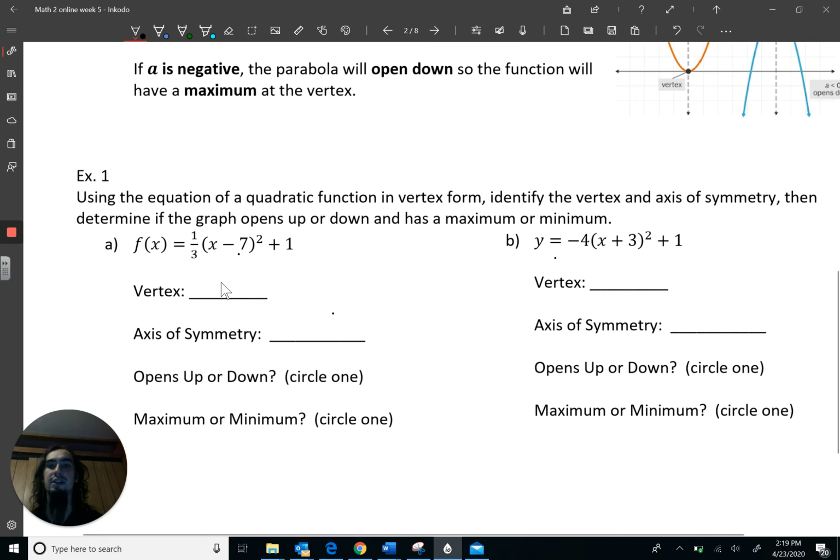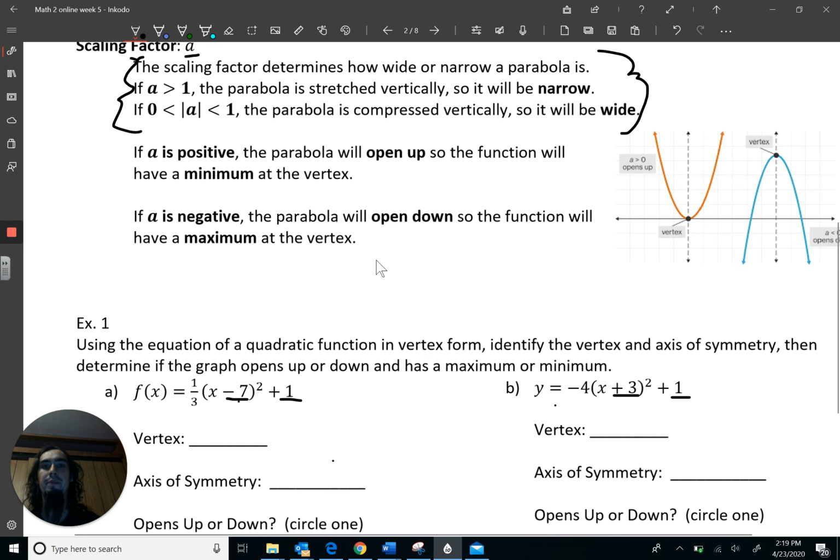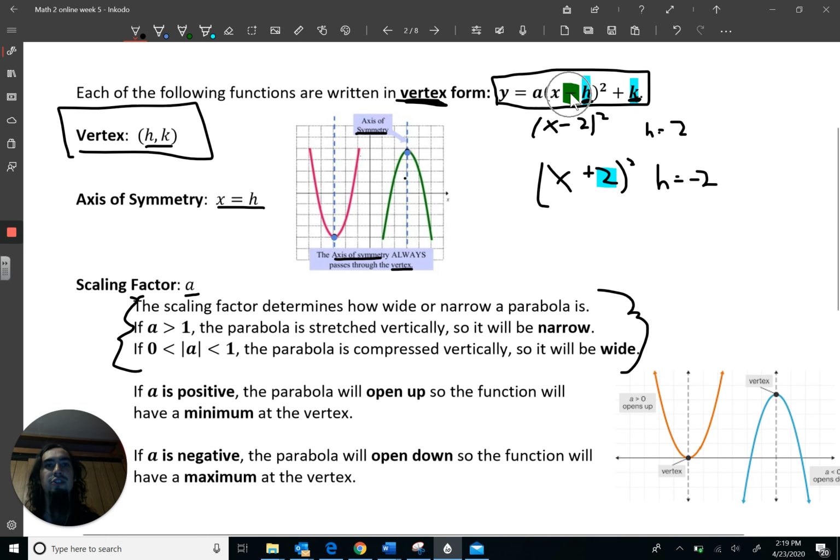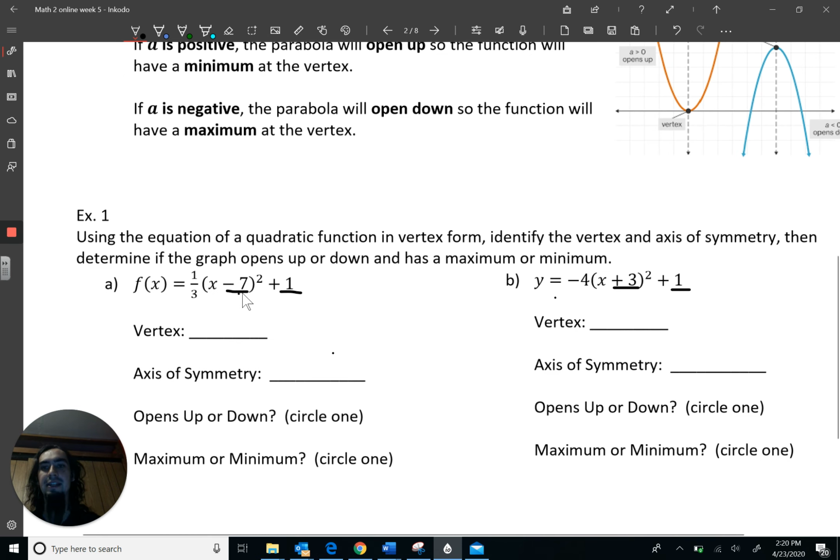Okay, vertex. I'm looking at h, and I'm looking at k. And I remember that the h value's got a minus in the front, and so that's going to tell me that it's the opposite. So when I see -7, I'm going to put a +7. And when I see +3, I'm going to put a -3.